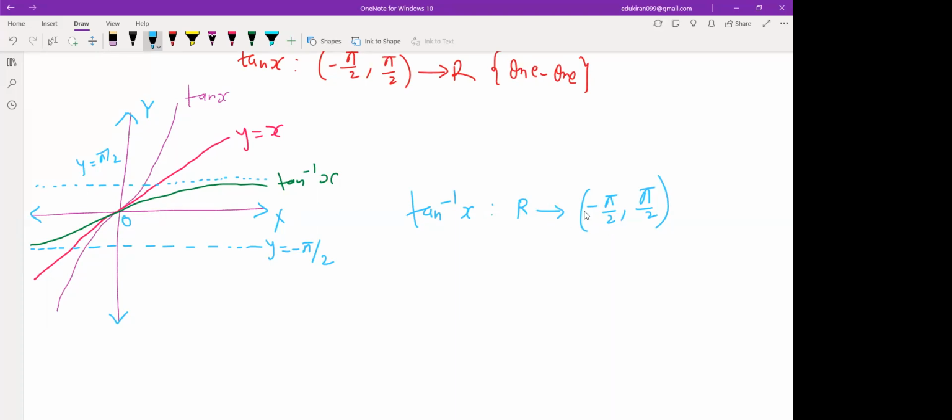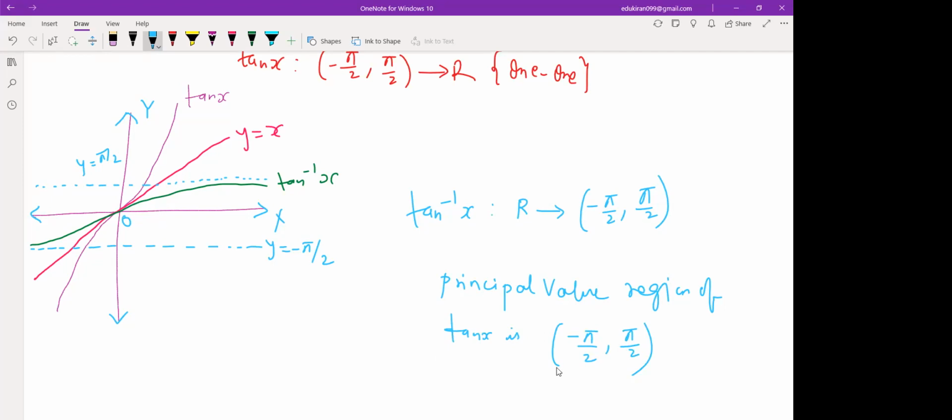One thing you have to keep in mind is that the principal value region of tan inverse is minus pi by 2 to pi by 2, and minus pi by 2 and pi by 2 are not included. It is open.